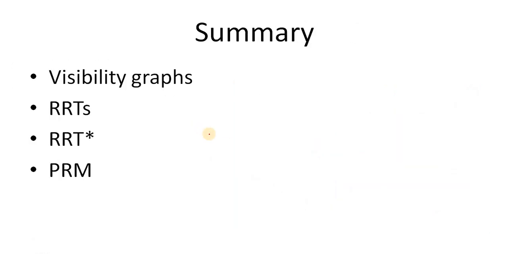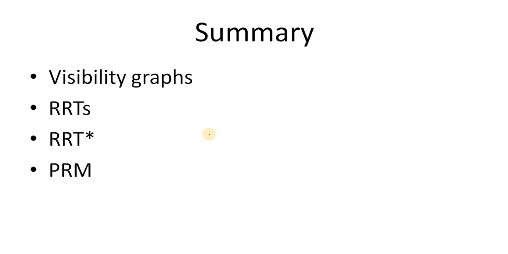So let's summarize today's lecture. Today we learned about more methods for path planning and path search in your state space, in your environment. We discussed visibility graphs, and we said that they are not used often, although we should know that this is also one method for path search.